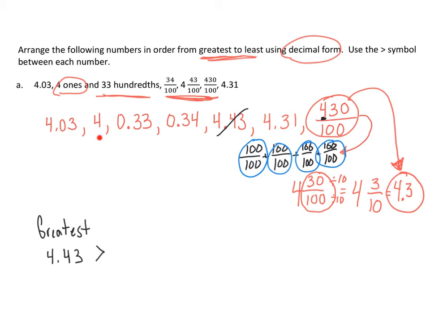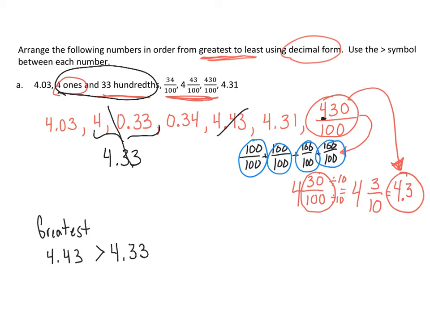I'm looking over here and I see that I needed to join these together. Wasn't paying attention there. So this one becomes 4 and 33 hundredths. So this one comes next, 4 and 33 hundredths.